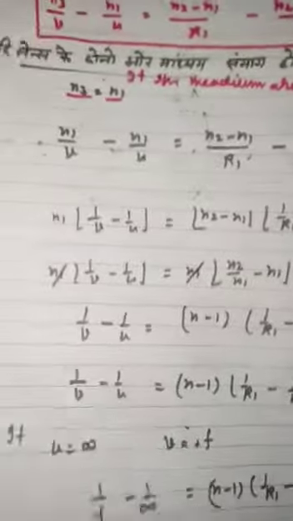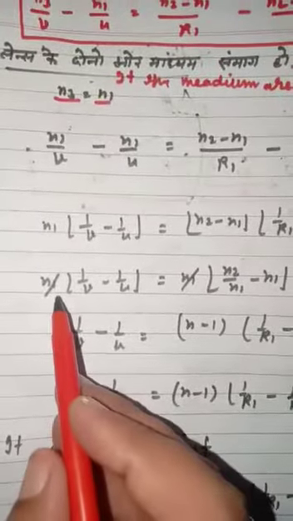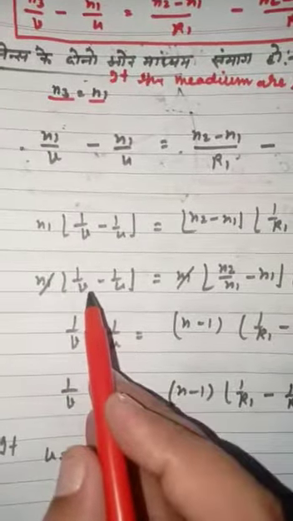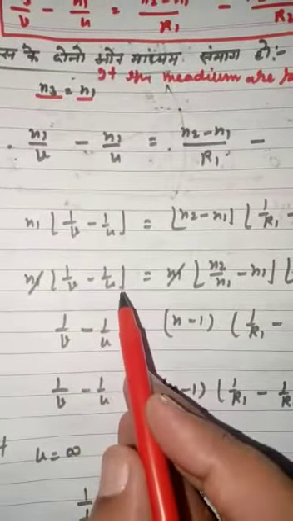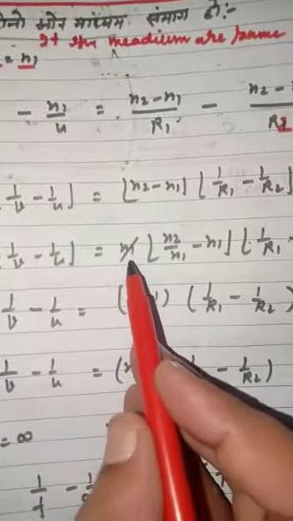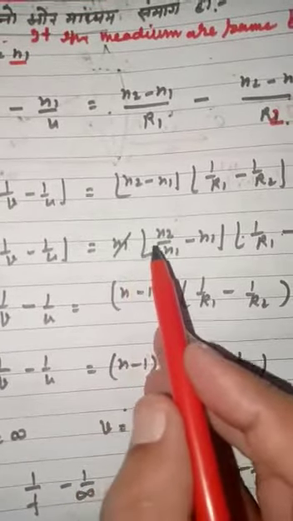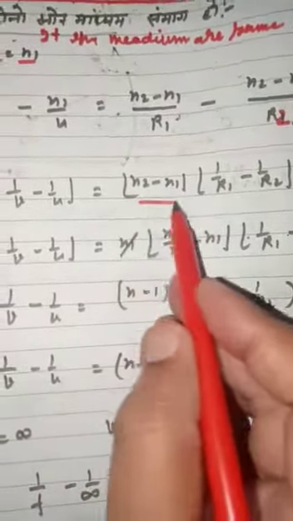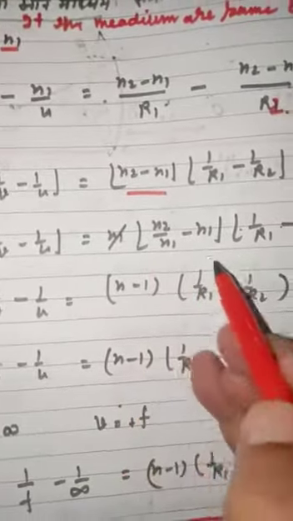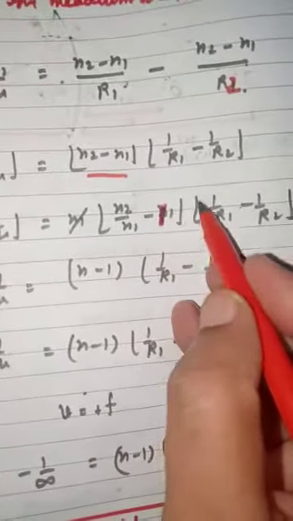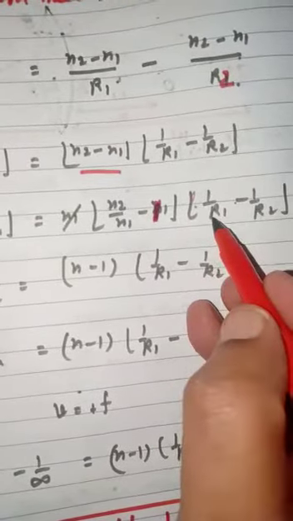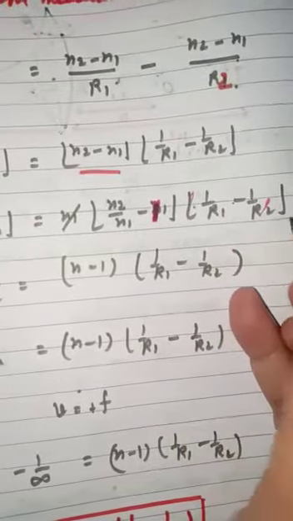So N1 in bracket 1 upon V minus 1 upon u is equal to, here we take N1 common, N1 in the bracket N2 upon N1 minus 1, in the other bracket 1 upon R1 minus 1 upon R2.